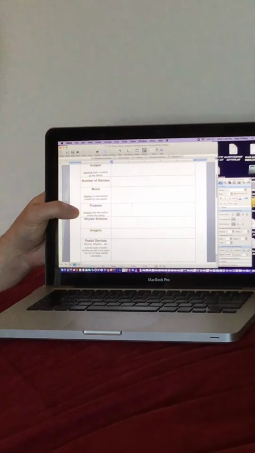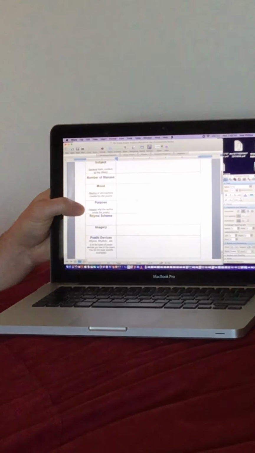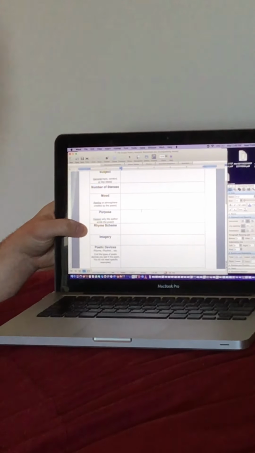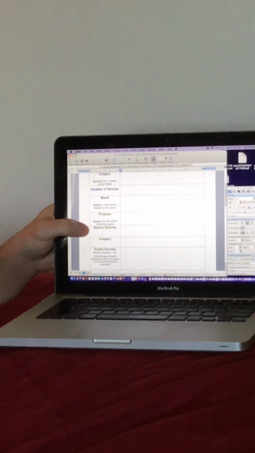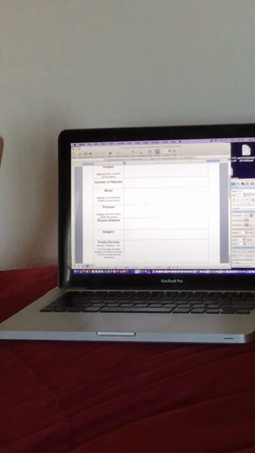Purpose, this is author's purpose, so it's really simple. Entertain, persuade, inform, or two of those three. Rhyme scheme is going to be the A, B, A, C type of thing that we talked about. Remember there's four that you already should know.